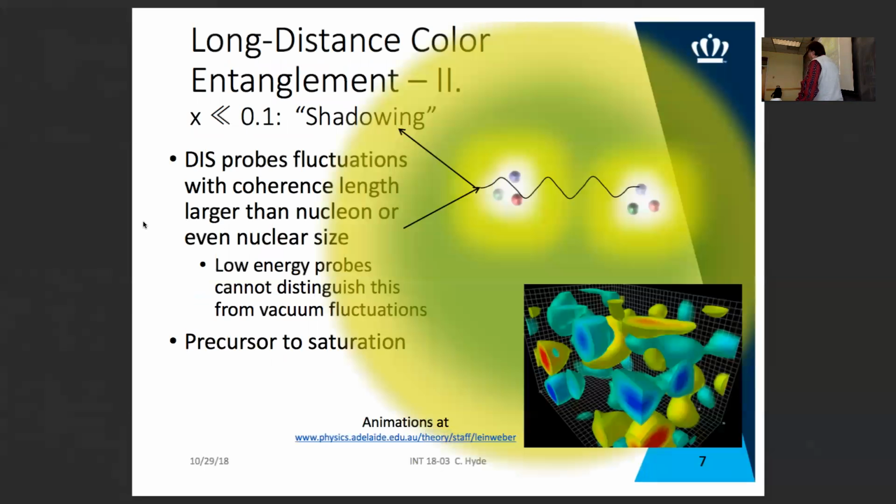Okay, so going significantly below that anti-shadowing region into the shadowing region, now we're probing coherently over a distance that's larger than we think of as the size of the nucleon.